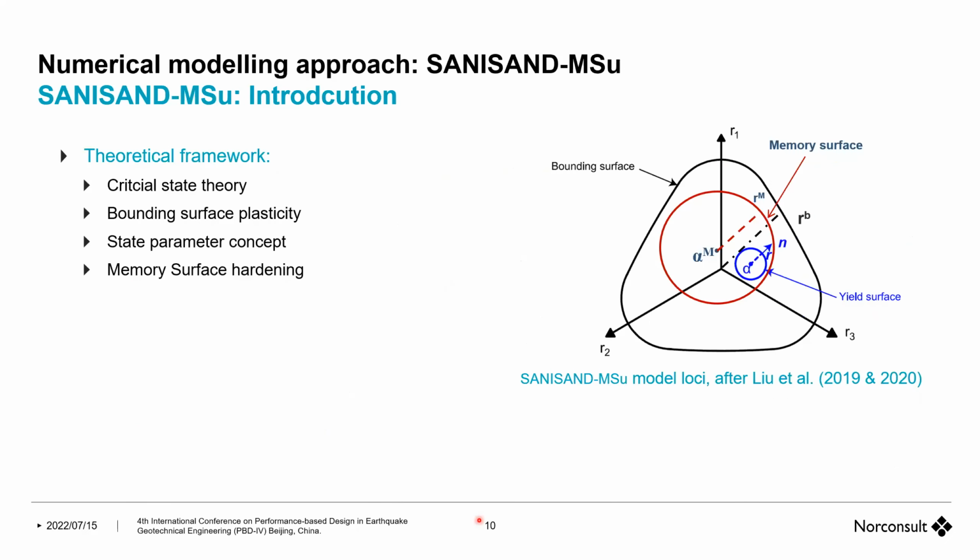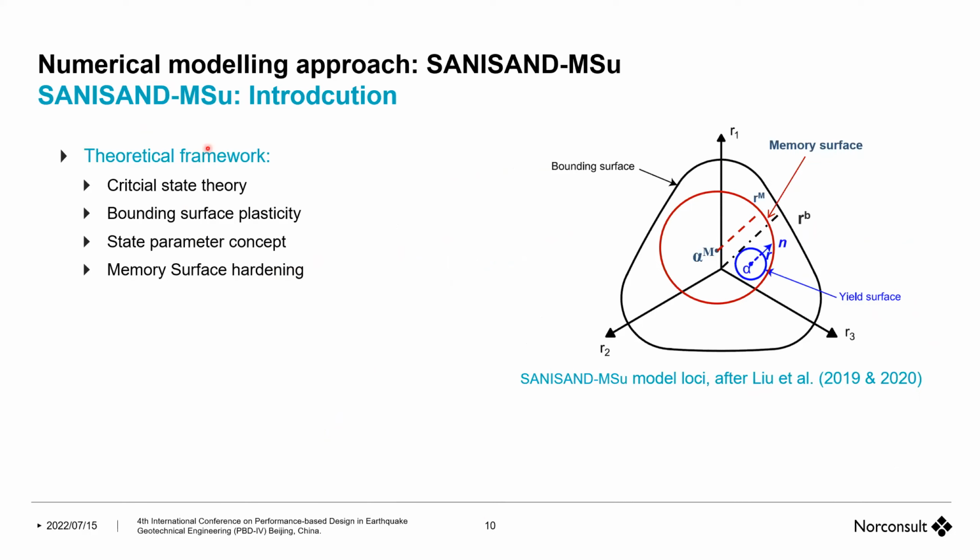Now, moving to the new development of the last couple of years, the more developed memory surface version of SANISAND. I'm not going to spend any time on it because it is in the papers mentioned here, and in several publications that you will see.